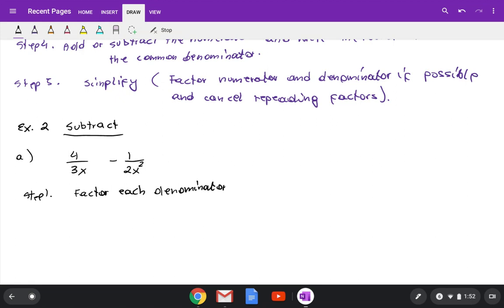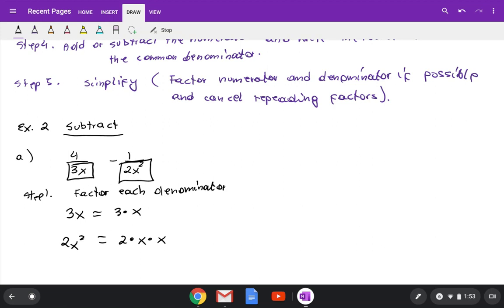Okay, so the first denominator is 3x, so this is already factor. So 3x is technically the same as 3 times x. And the second denominator, it's 2x squared. So 2x squared is the same as 2 times x times x.